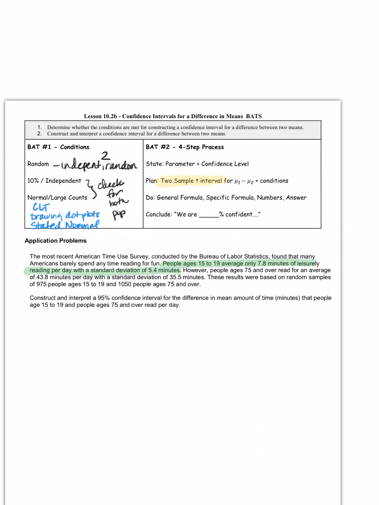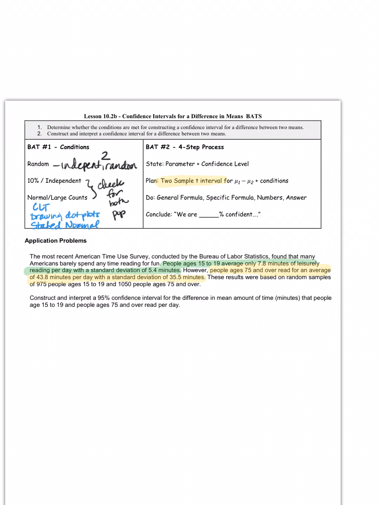However, people of ages 75 and older read for an average of 43.8 minutes per day with a standard deviation of 35.5. These results are based on random samples of 975 people and 1,050 people 75 and over. All right. Construct and interpret a 95% confidence interval for the difference in mean amount of time in minutes that people age 15 to 19 and people ages 75 and over read per day.